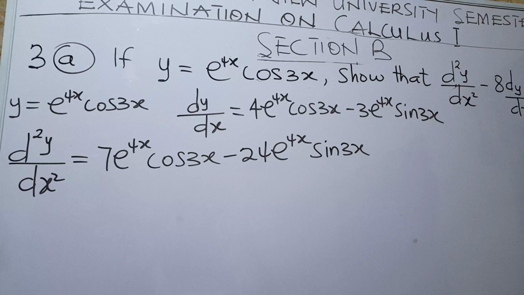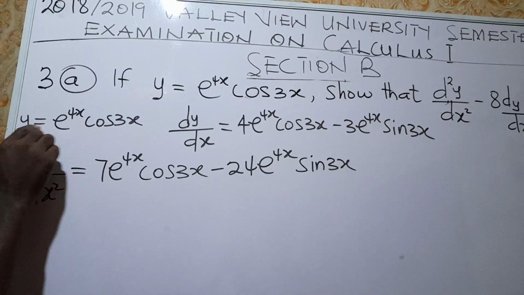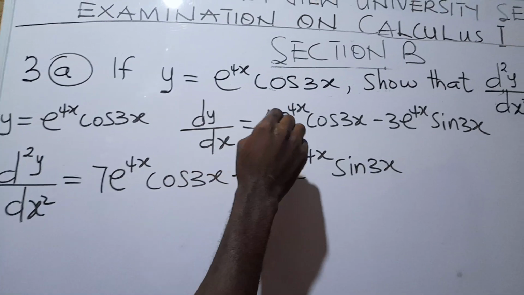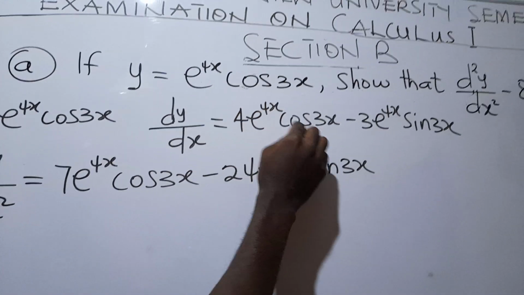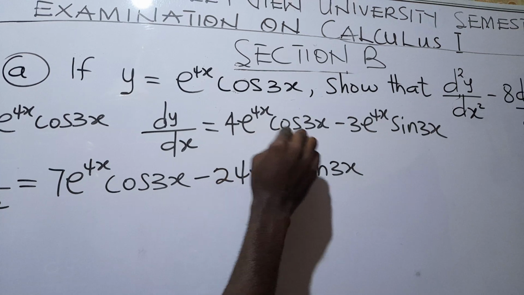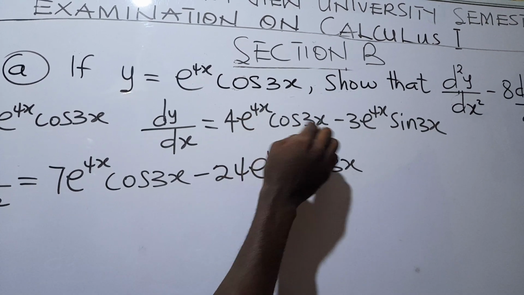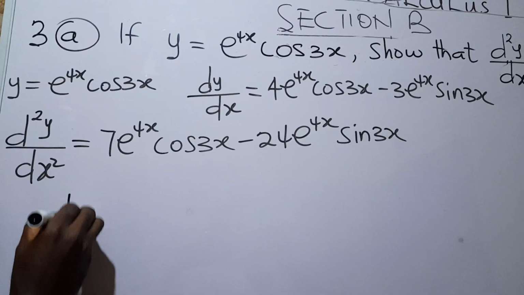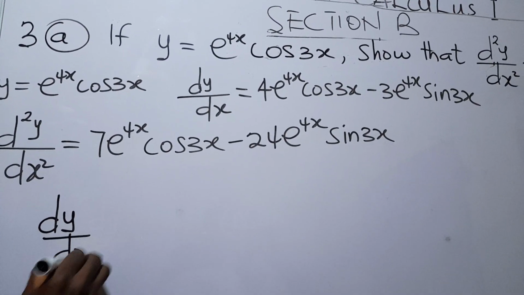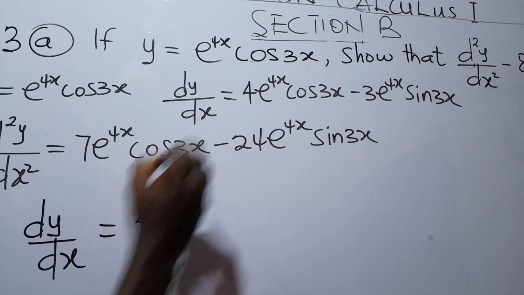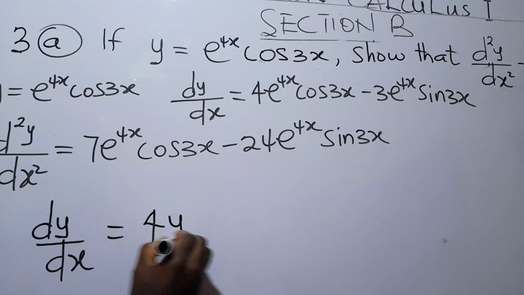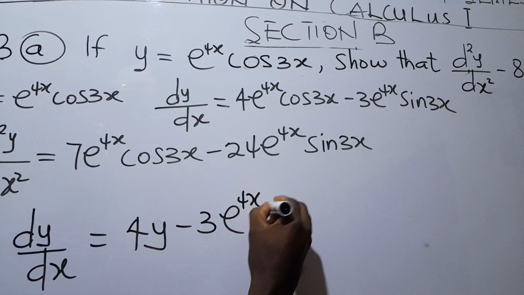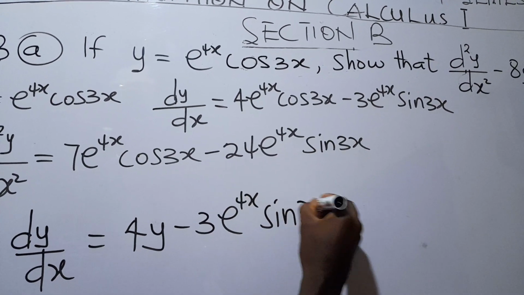So we've realized that y is equal to e^(4x) cos 3x, and in dy/dx we have 4e^(4x) cos 3x. So in place of e^(4x) cos 3x, we substitute y. Then we can say that our dy/dx is equal to 4y minus 3e^(4x) sin 3x.